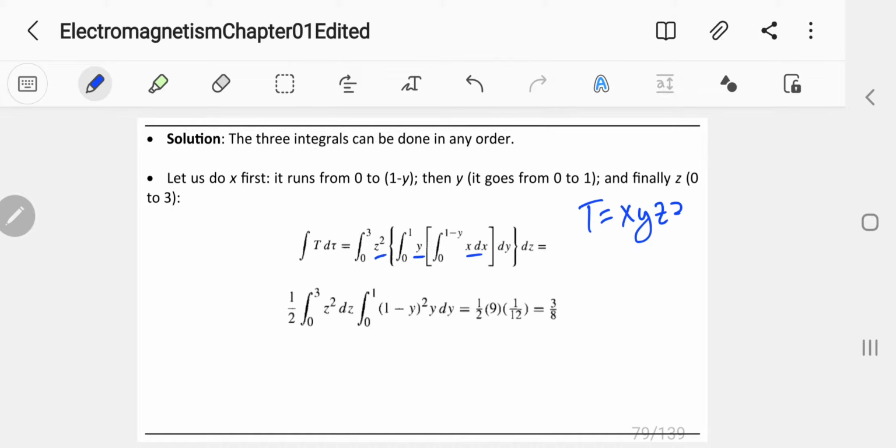But when you integrate x, you have to immediately integrate y, because they are related to each other. So you have here the limit 0 to 1 minus y, because of the relationship between x and y. The integral of x dx has the limit 0 to 1 minus y. It's not 0 to 1, because the value of x is dependent on y.